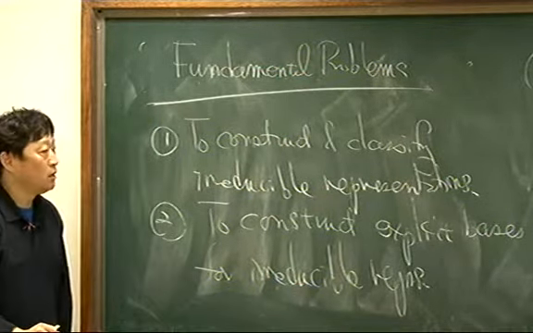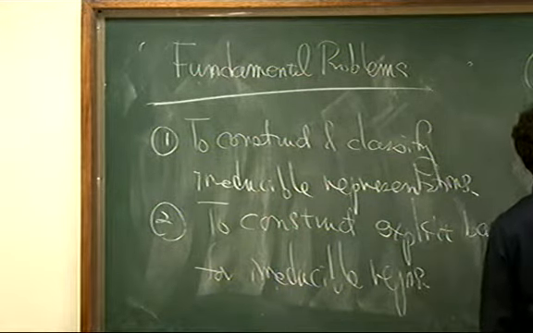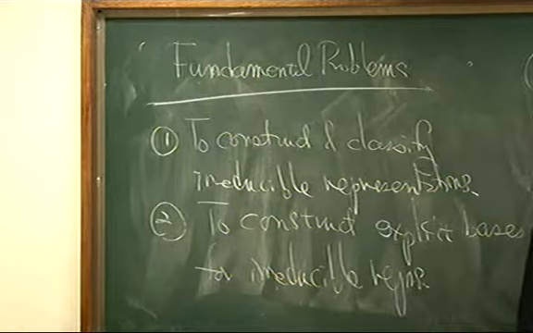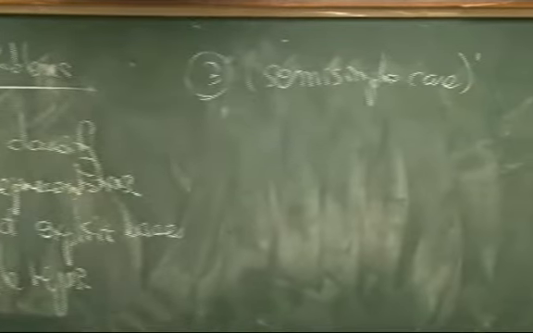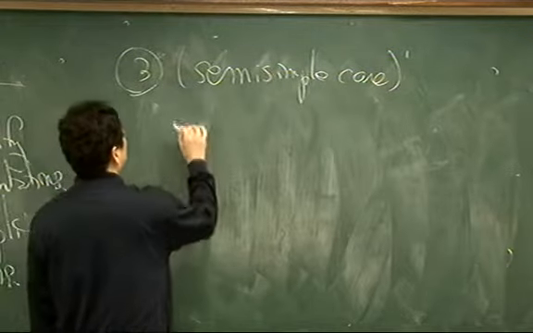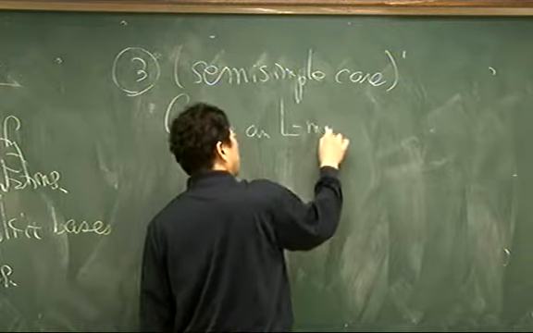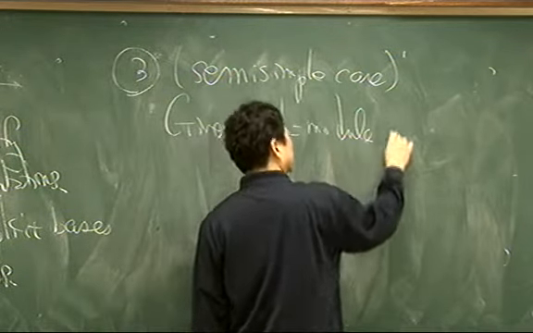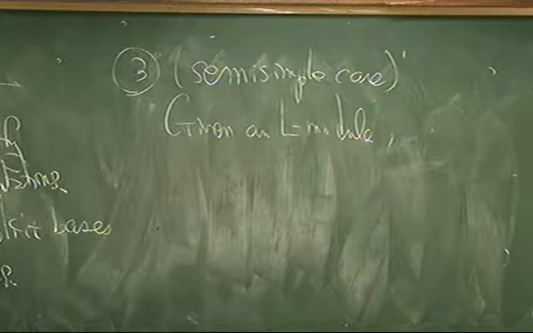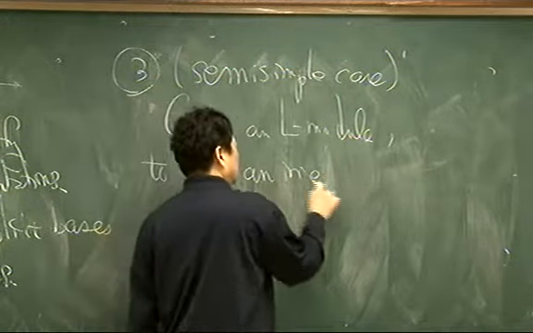Thirdly, this is in the good case, the so-called semi-simple case. That means when all modules are completely reducible, then given an L-module V, we would like to find an irreducible decomposition.